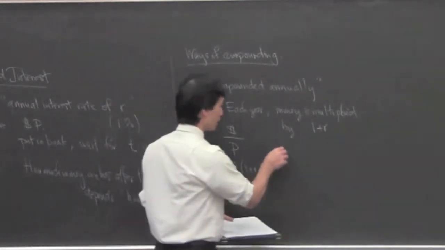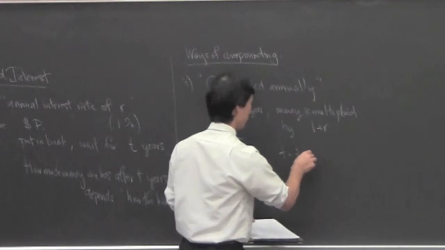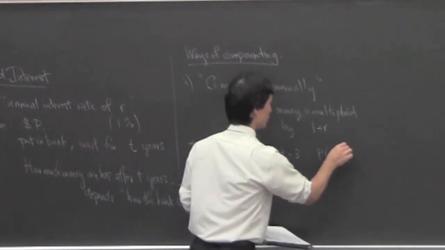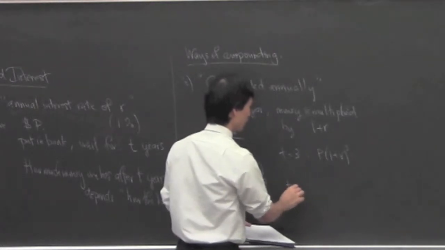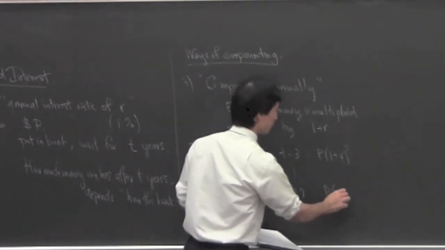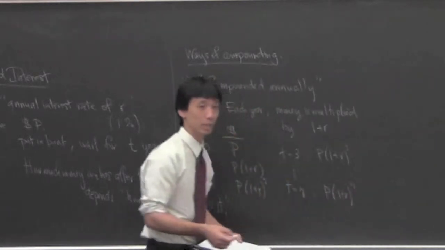At the third year, you have P times 1 plus R cubed. And after n years, you have P times 1 plus R to the n.